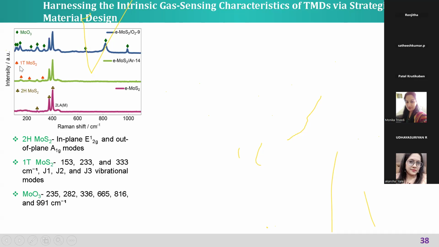Now, when we react it with the argon plasma, it produces peaks corresponding to 1T MoS2. Similarly, when we react it with the oxygen plasma, it produces the MoO3 phase. So essentially, we get 1T MoS2 and 2H MoS2 in one sample, and MoO3 and 2H MoS2 in the other sample.